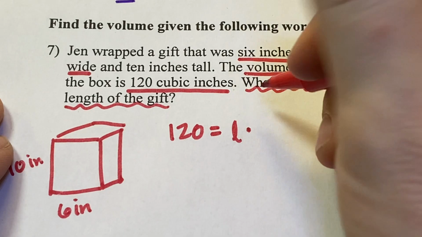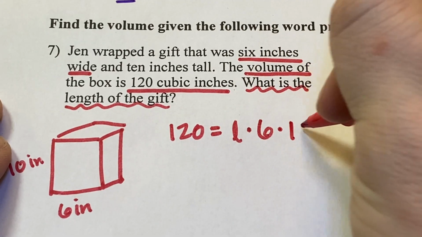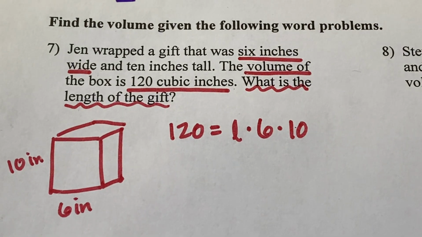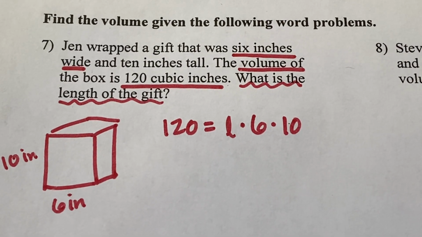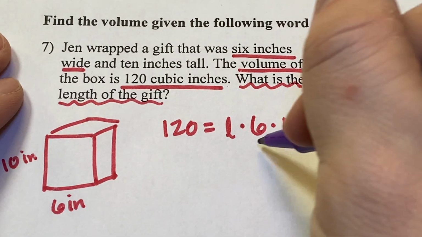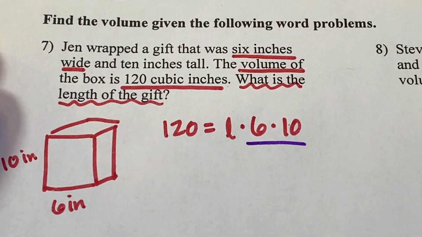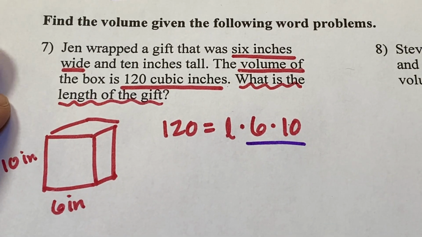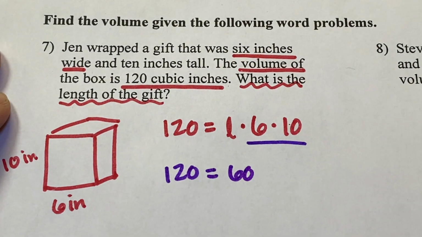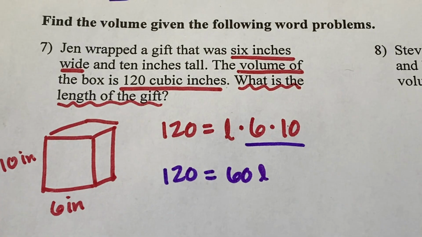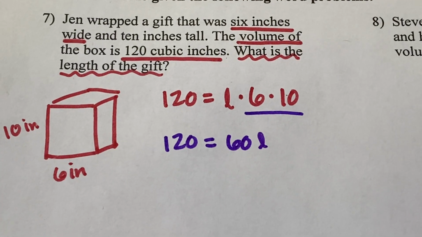Times my width, 6, times my height, 10. Watch how easy this is, you guys. First thing, let's go ahead and multiply 6 and 10 on this side. What is 6 times 10 going to turn into? 60. Okay, so we have 120 equals 60 times L, or 60 times the length.